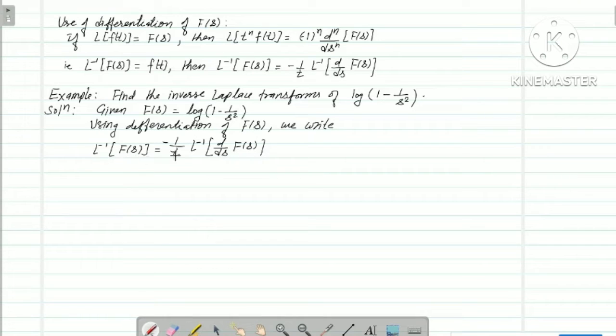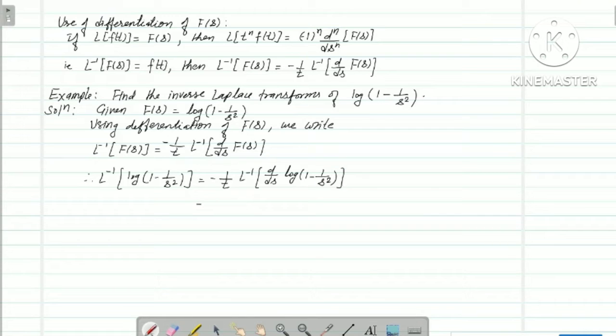So what is F of s? Just substitute the value of F of s. So L inverse of log of 1 minus 1 upon s square is equal to minus 1 upon t as it is, then L inverse of d by ds of log of 1 minus 1 upon s square.